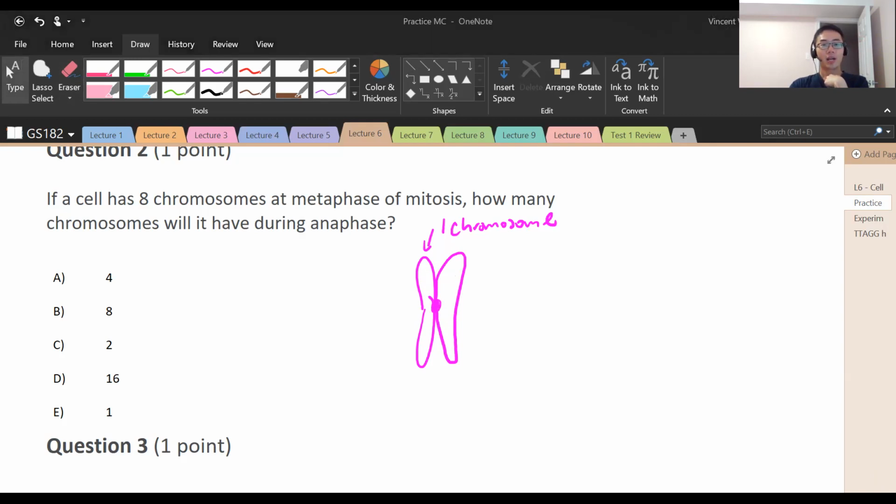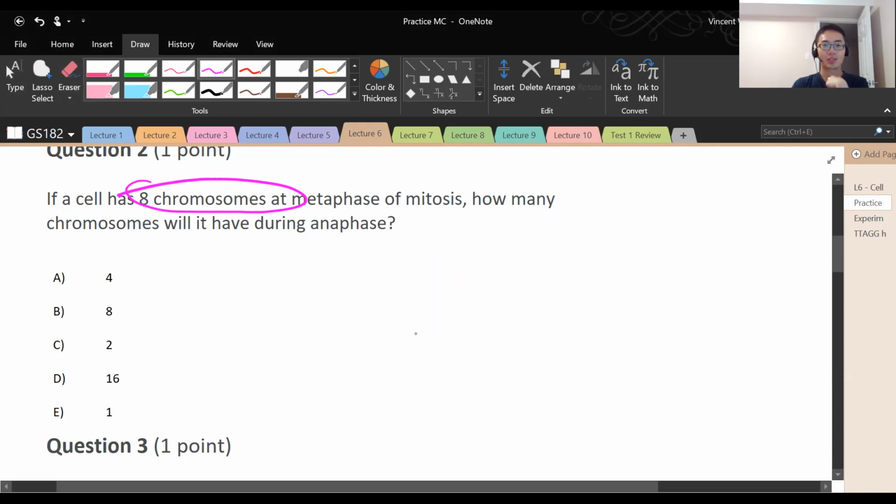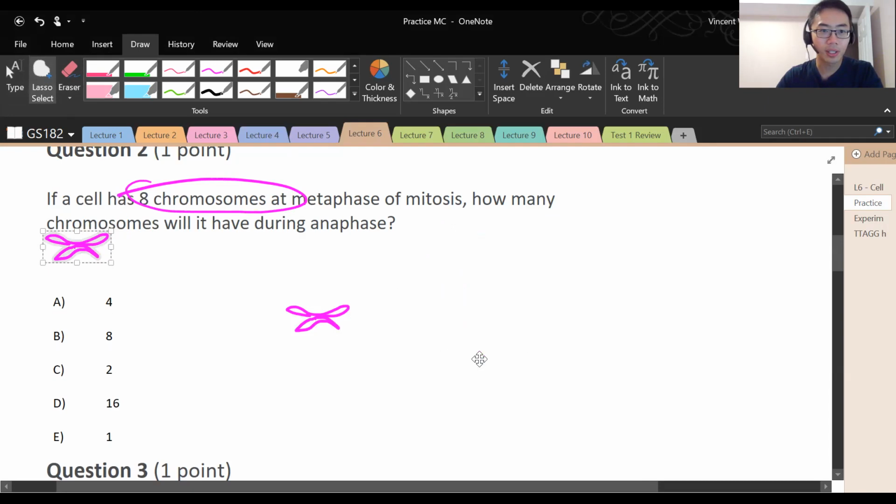Thank you. Okay, so if that's the case, and then it says the cell has 8 chromosomes in metaphase, that means we have 8 of these things. So 1, oh my God, this is hard to draw. 1, right? And then 8 of it. So let me just copy and paste. 1, 2. Does this even work?